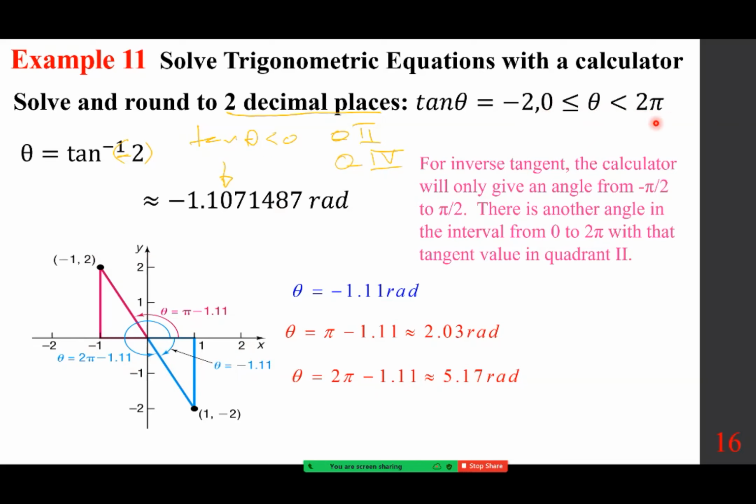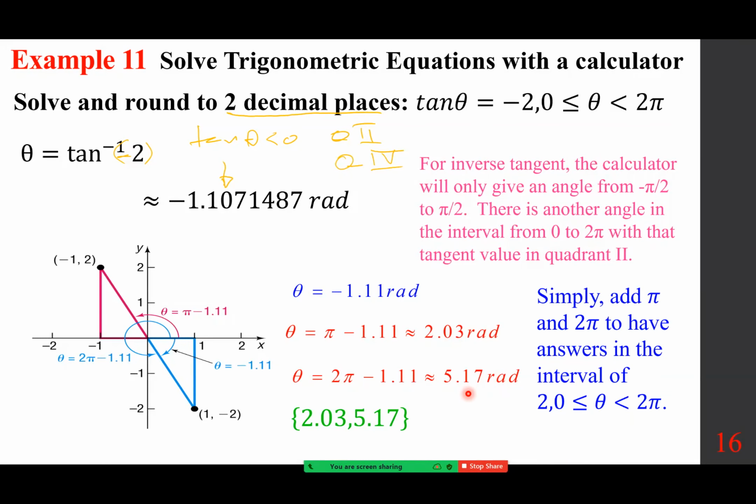To bring it into 0 to 2 pi, you add pi for the second quadrant, and for the fourth quadrant you add 2 pi. This angle is identical in location to this one, but this has a positive value. So the answers are 2.03 and 5.17. Simply add pi and then 2 pi to have answers in the interval of 0 to 2 pi.